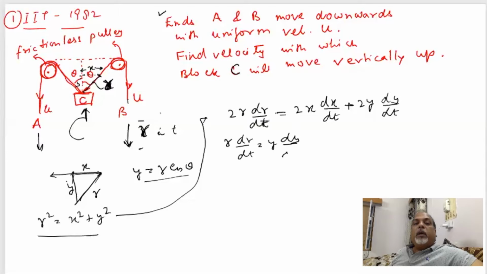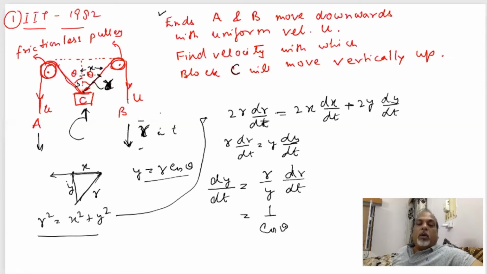dy by dt. Basically, what is the vertical speed? This is dy by dt, and this will be nothing but r upon y dr by dt, and r upon y is nothing but 1 by cos theta with this relation, and dr by dt is nothing but our velocity.